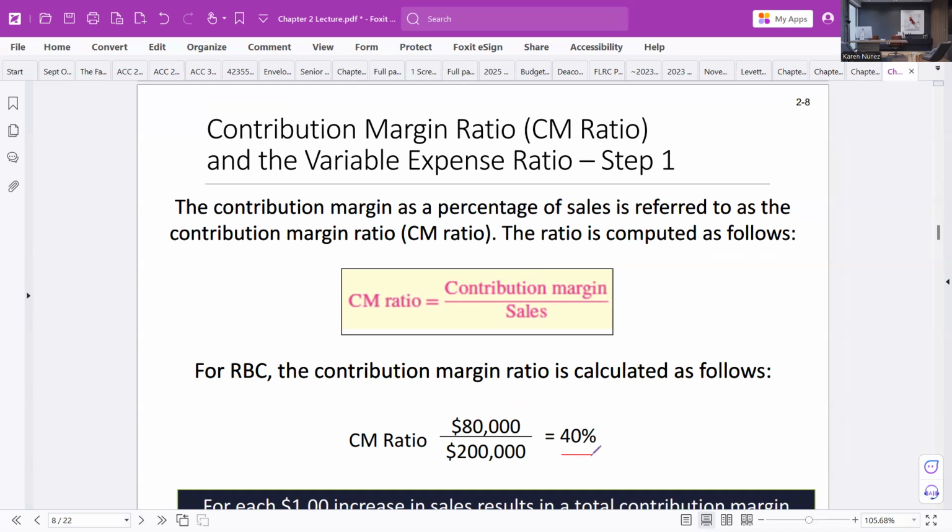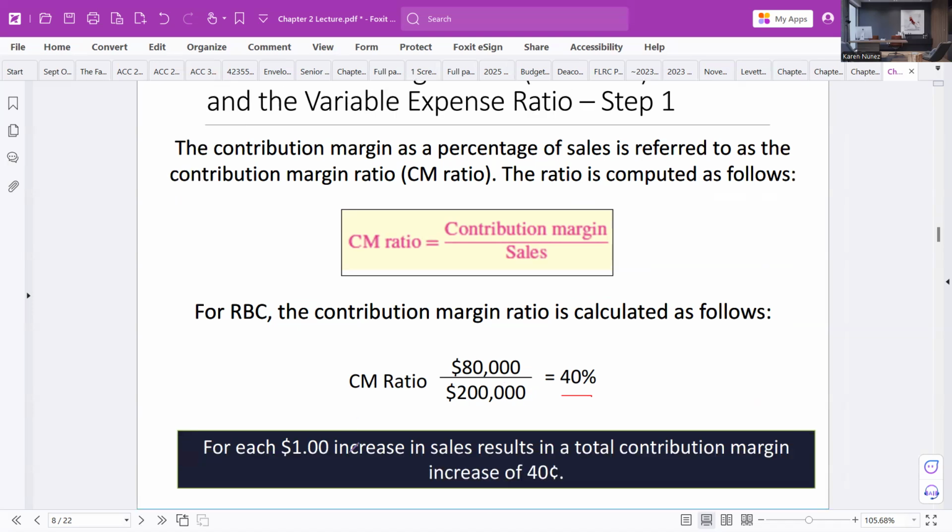So in this case, if we want that contribution margin ratio, we can just take total contribution margin divided by total sales dollars, and we get that ratio. I did it earlier using the per unit numbers. You could calculate it using the total dollars, in this case contribution margin dollars over total sales dollars. So every time we have a dollar increase in sales, we're going to see a 40-cent increase in our contribution margin. That's what that ratio tells us.